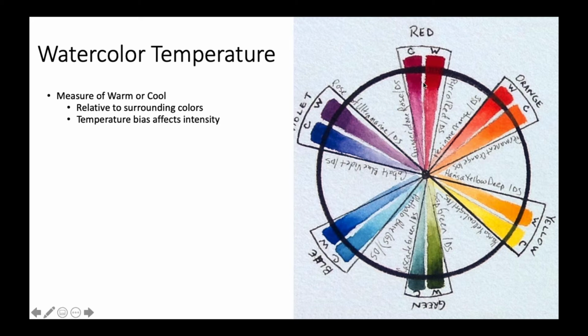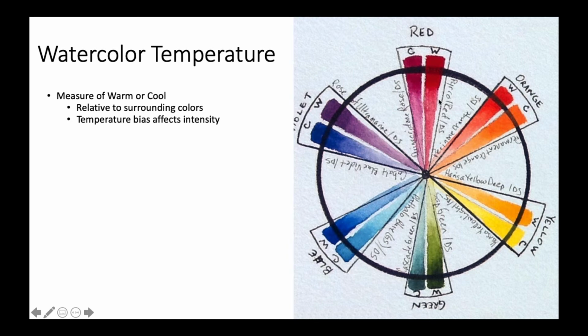And temperature is relative. So overall, red is warm, right? But this red isn't as warm as this red. This red appears to have more orange in it, whereas this red appears to have more blue or violet in it. So when we want to determine the bias of especially our primary colors, red, yellow, and blue, there's dozens and dozens of each, when you get into a store, dozens of reds and dozens of yellows and dozens of blues.